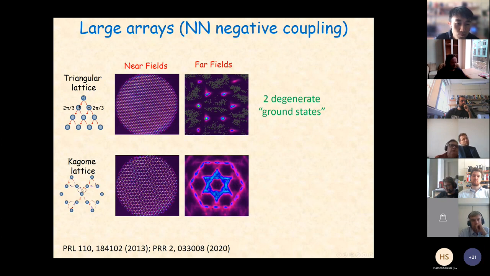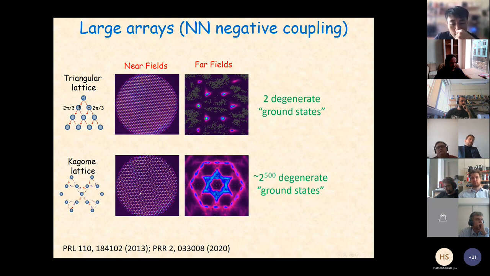So already 4 degenerate solutions. So all in all, on this lattice containing about 500 triangles, we have 2 to the power of 500 degenerate ground states. This is a very large number. And this is a very strange system if you think about it, having a finite entropy at 0 temperature because of this degeneracy. For example, the third law of thermodynamics will break for such a system.